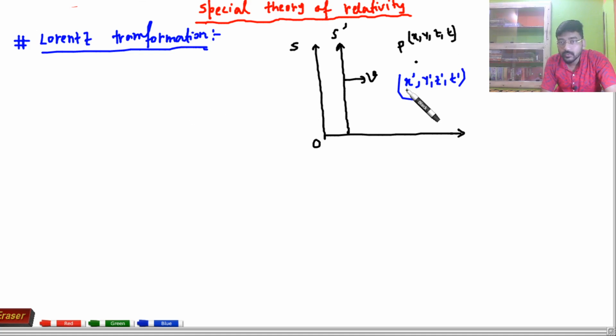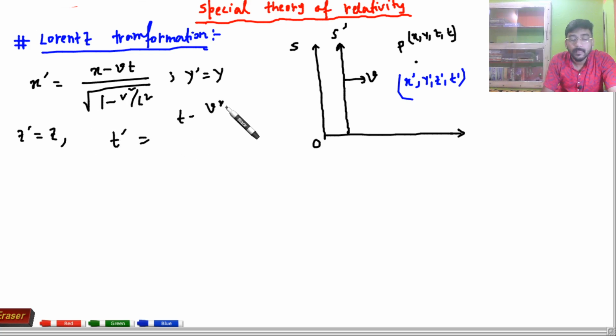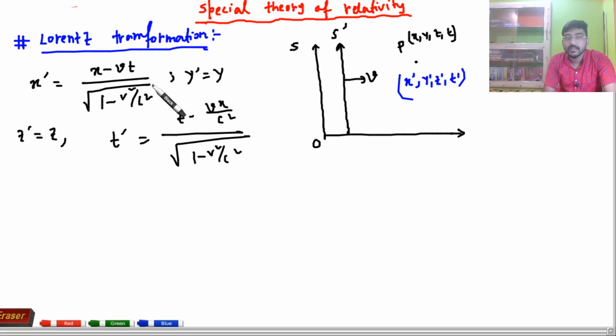If we want to derive it, you can derive it, but here x dash is related to x like this: x dash is equal to x minus vt upon root 1 minus v square upon c square, y dash is equal to y, z dash is equal to z, and t dash is equal to t minus vx upon c square divided by root 1 minus v square upon c square. These are the Lorentz transformation relations.